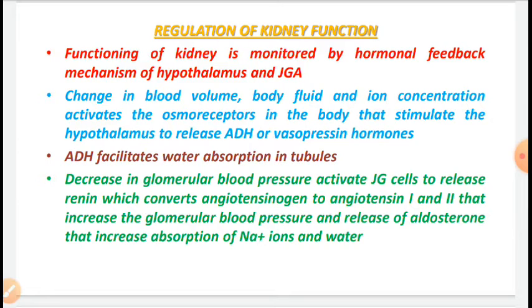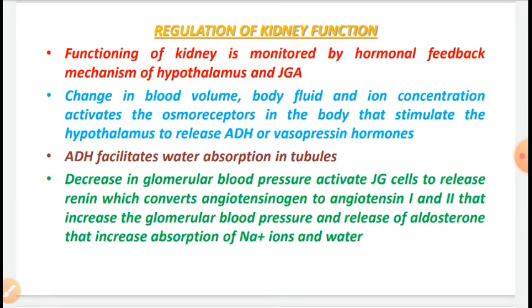Aldosterone causes reabsorption of Na+ and water from the distal part of the tubule. This also leads to an increase in blood pressure and GFR. This complex mechanism is generally known as the renin-angiotensin mechanism.